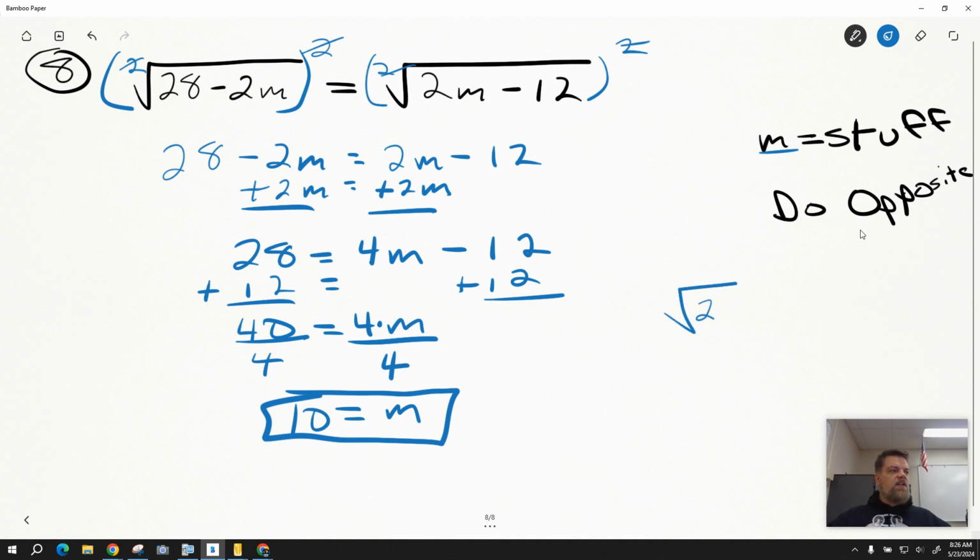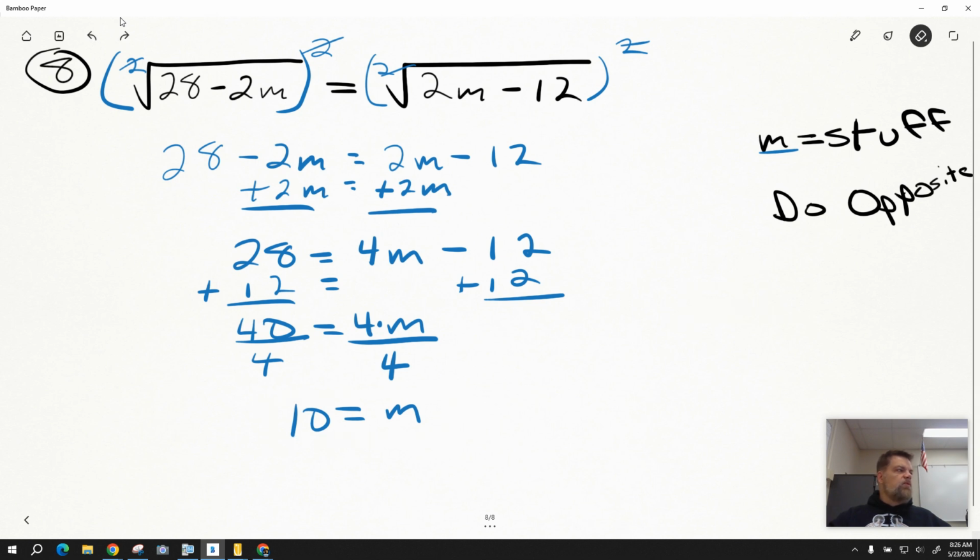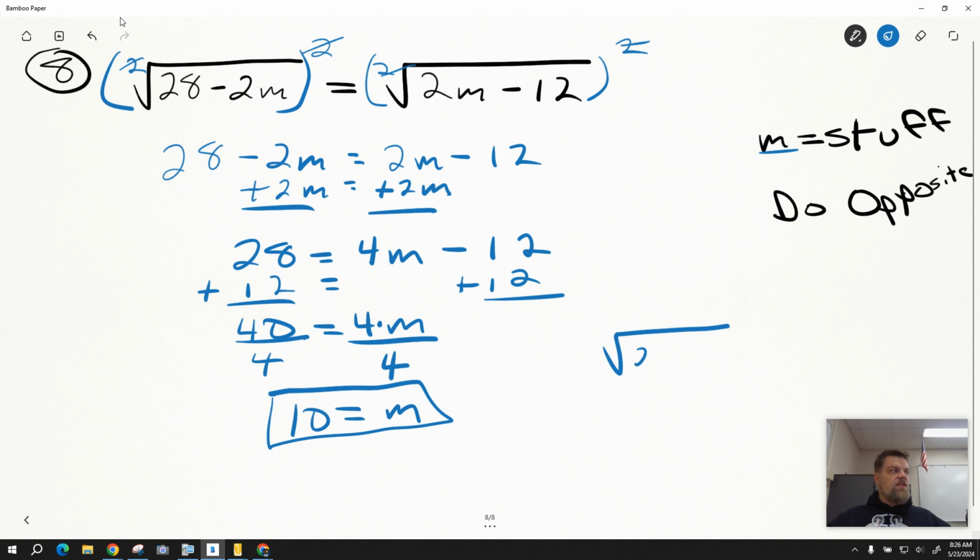So just off to the side, I'm going to say 28 minus 2. I know the 10 works, but what if I do negative 10?